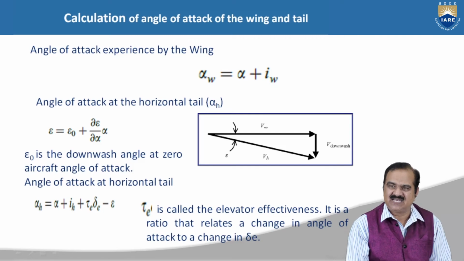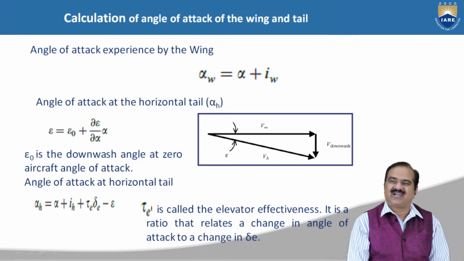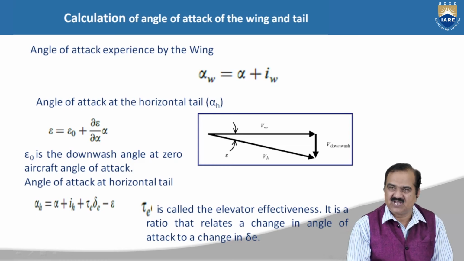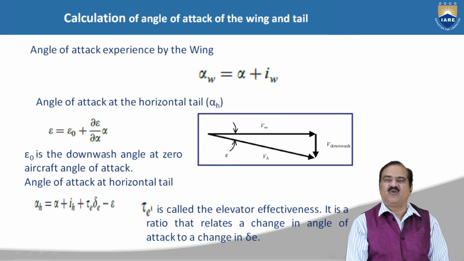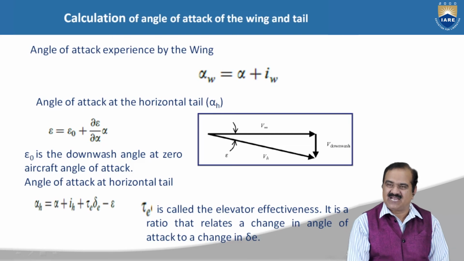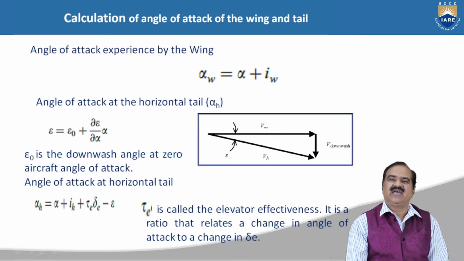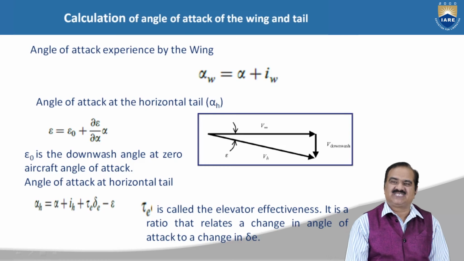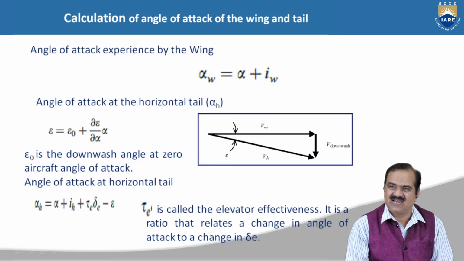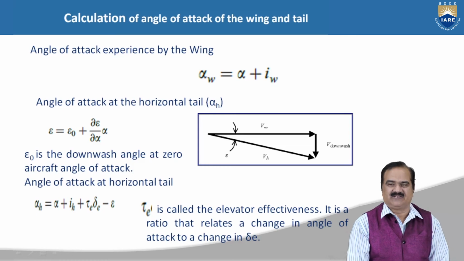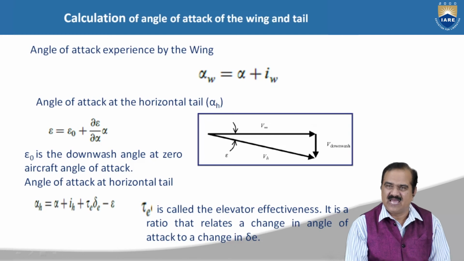So this VH is equal to the vector sum of V infinity plus V downwash. Here we get one more angle, which is called epsilon. This is the angle between the relative wind and the wind which is passing over the horizontal stabilizer. So this is the angle epsilon.